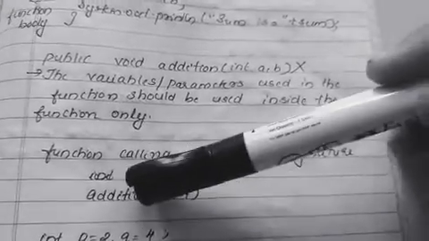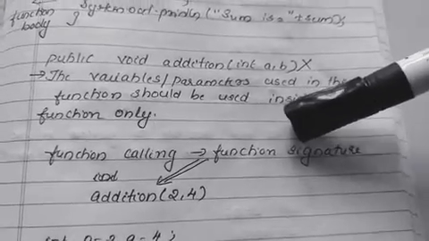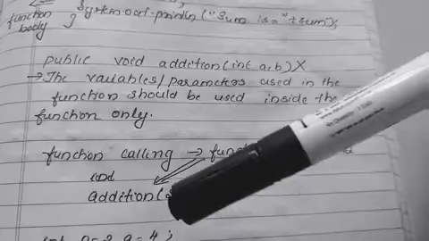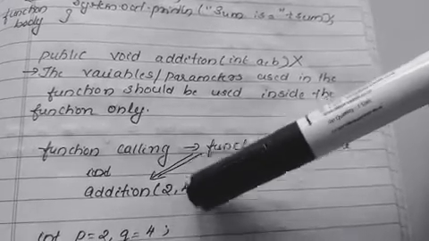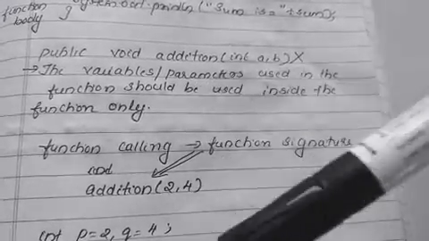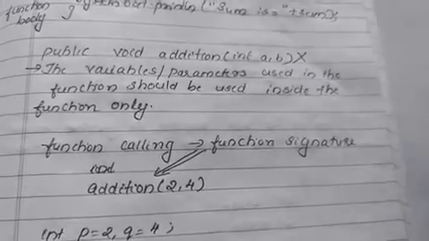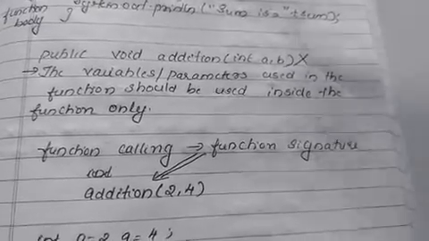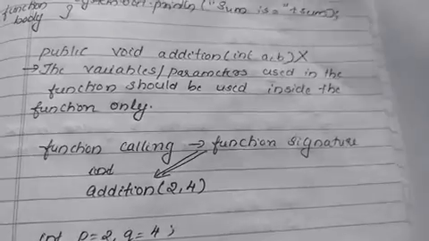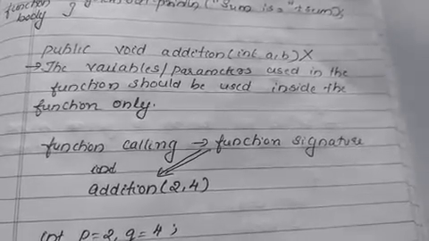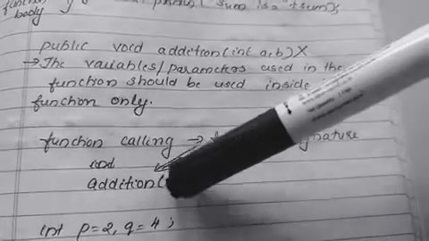This is known as function calling. This function calling is also known as function signature. So if you use function calling several times as per our requirements, it's not a problem. You can call the function wherever you require.